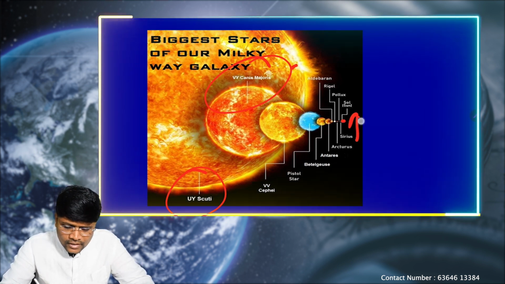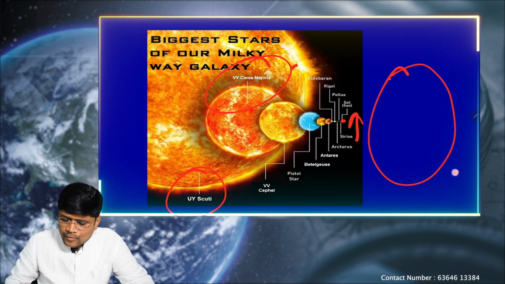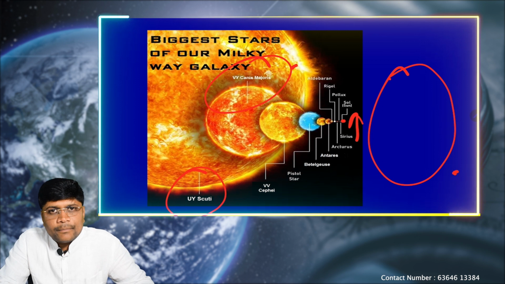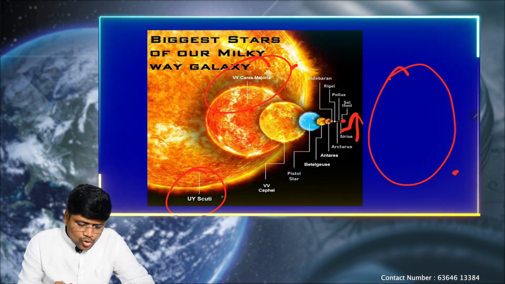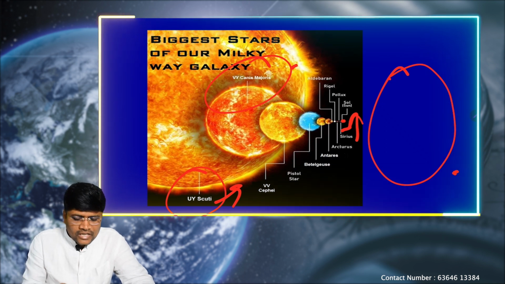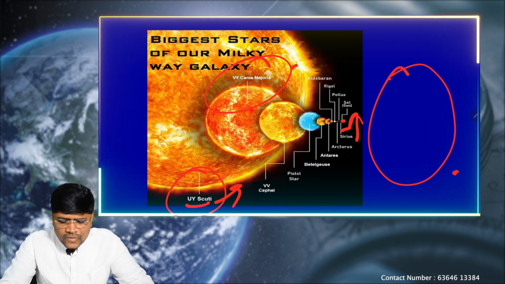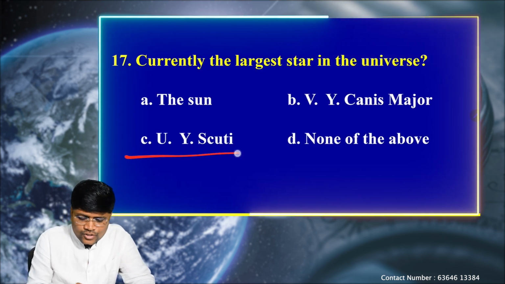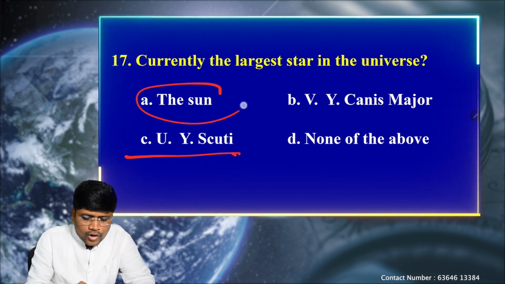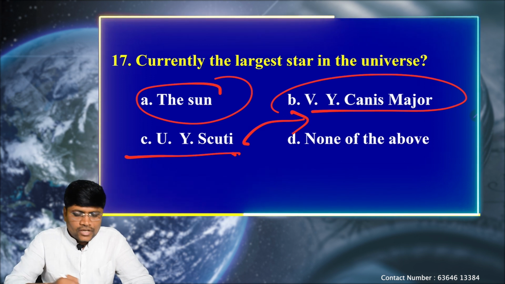Compared to UY Scuti, the Sun is nowhere, appearing like a small point in front of a big boulder. So the option is UY Scuti, not the Sun, not VY Canis Majoris, which ranks second to UY Scuti.